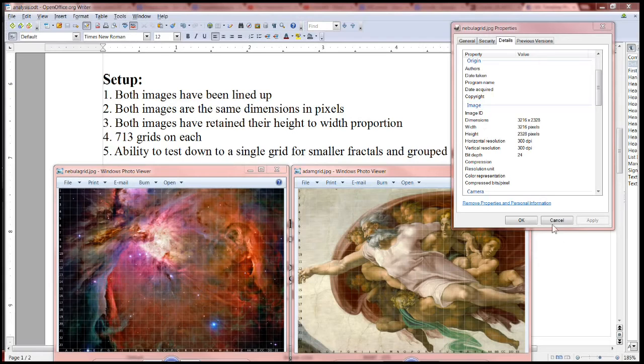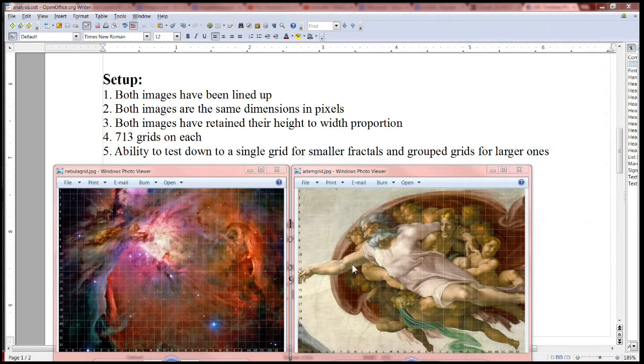Inside these images we have a division of grids. In each one of these images we have a total of 713 grids, consisting of 1 through 23 and A through double E, in order to be able to use for analysis. And so we have the ability to test down to single grids.